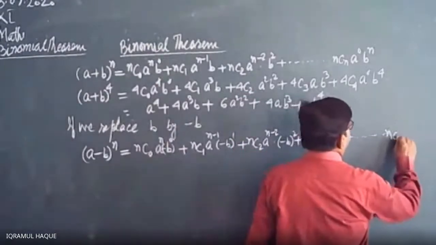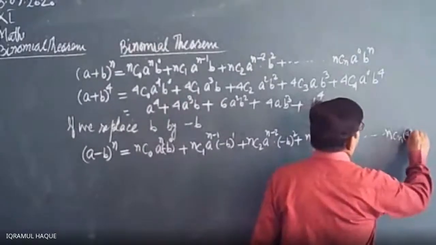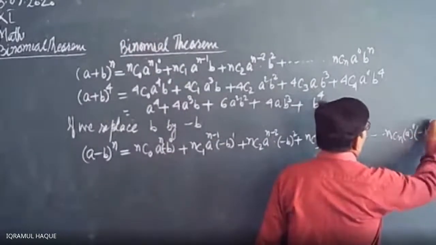Last nCn a to the power 0 into minus b to the power n.